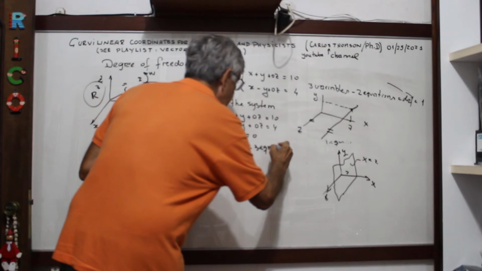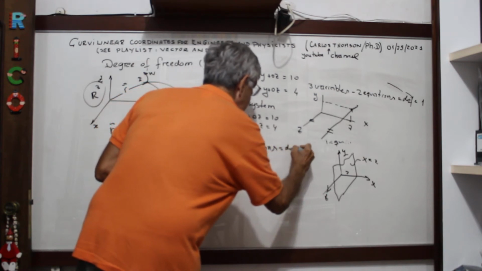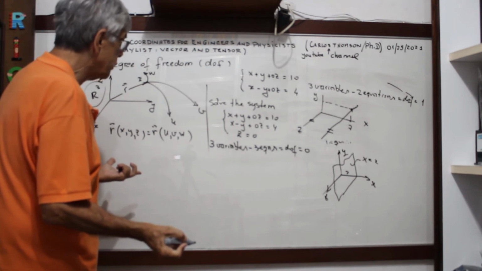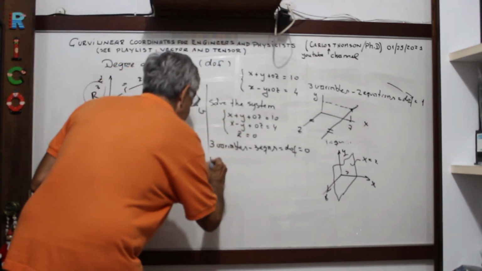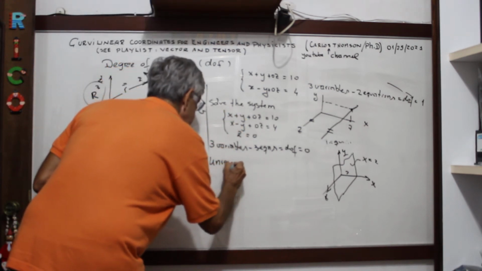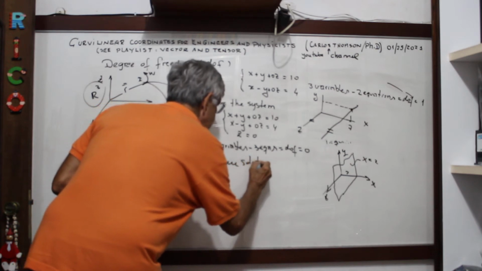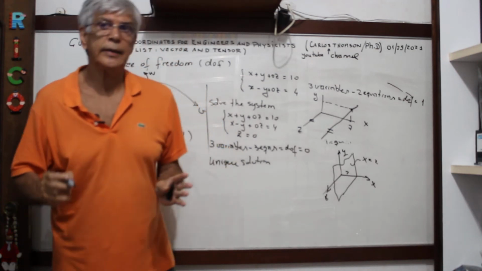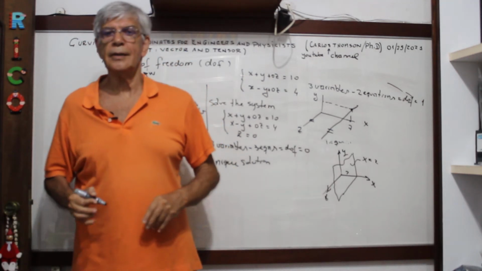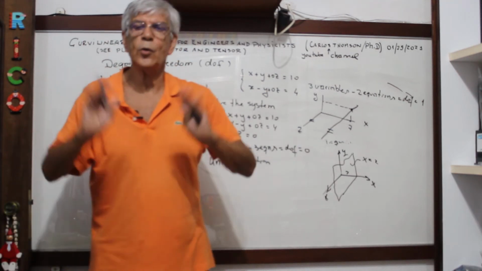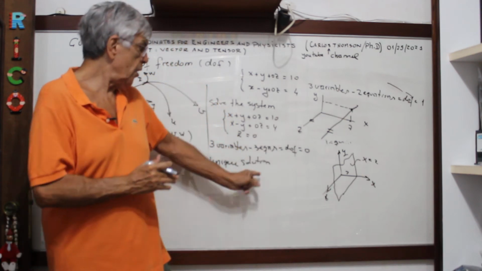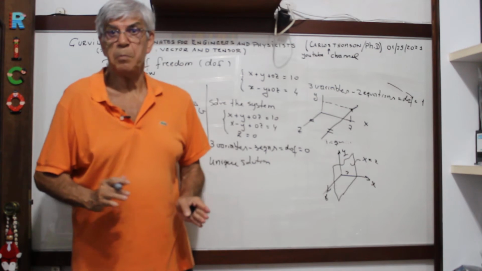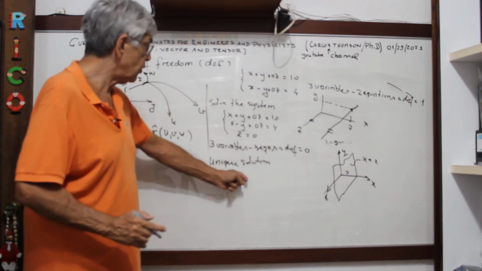And the degree of freedom is equal to 0. Okay? No problem. You have a unique solution. You see, when you are solving a system of equations, if the degree of freedom is 0, this implies that you have a unique solution.